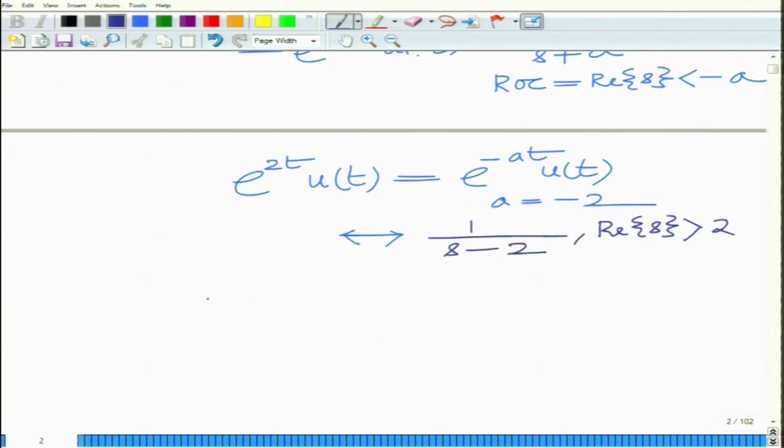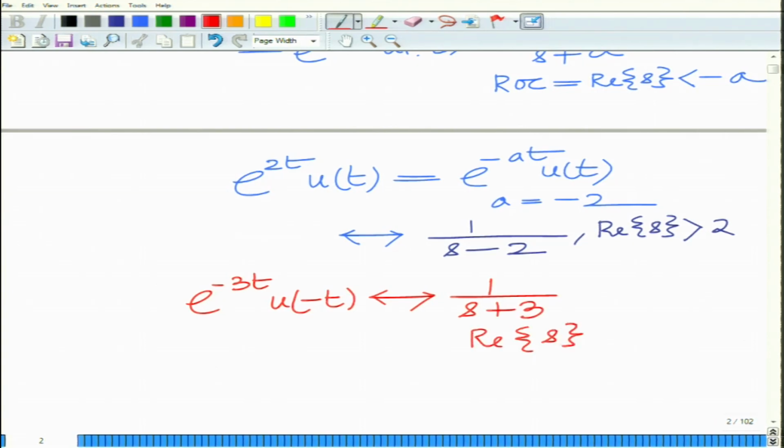On the other hand, let us look at the other signal, e raised to minus 3t u(minus t), which is e raised to minus a t with a equals 3. So, the Laplace transform is 1 over s plus 3, and the ROC is real part of s less than something, because this is a left handed signal.